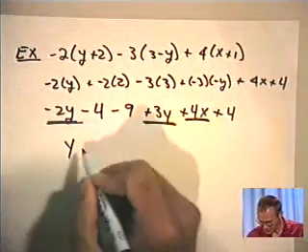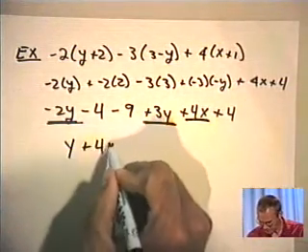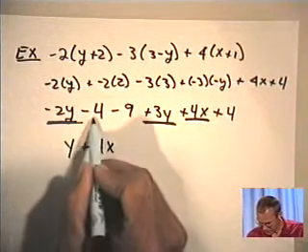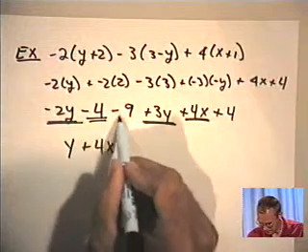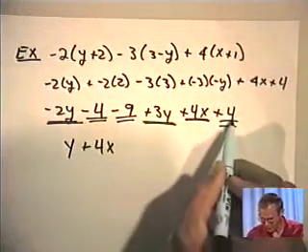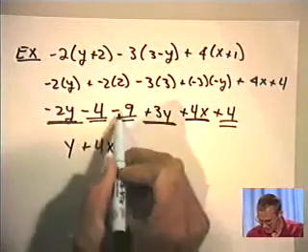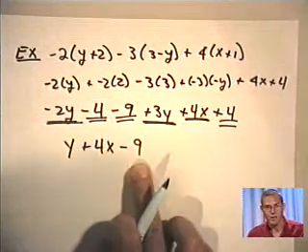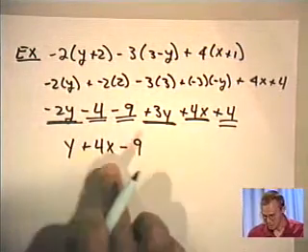There are no other x's, so that's going to have to stay. I can't combine that with anything else. And now I'll add the numbers together. Well, negative 4 and a positive 4, that's 0. And a negative 9 gives me negative 9. And that's as far as I can go. There are no other like terms, so I have to stop there.